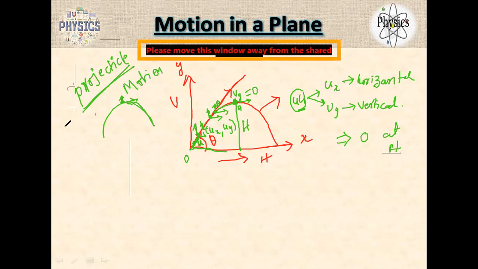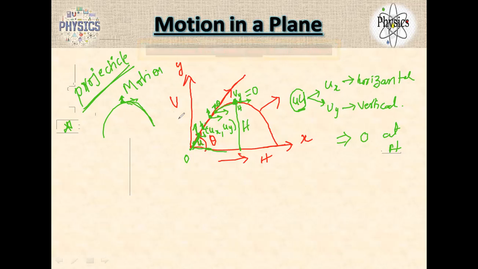So they will ask a question in IIT: in projectile motion, which component of the velocity of the object becomes zero at maximum height? Is it clear?